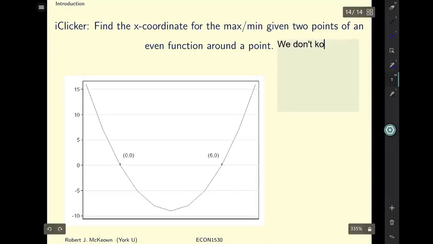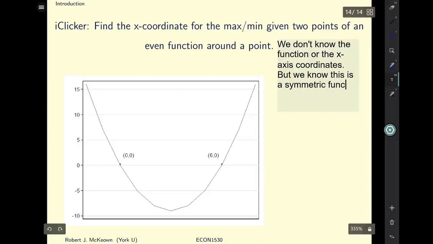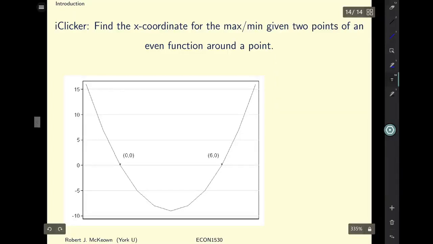So we don't know the function or the x-axis coordinates, but we know this is a symmetric function, and I should say specifically an even function.